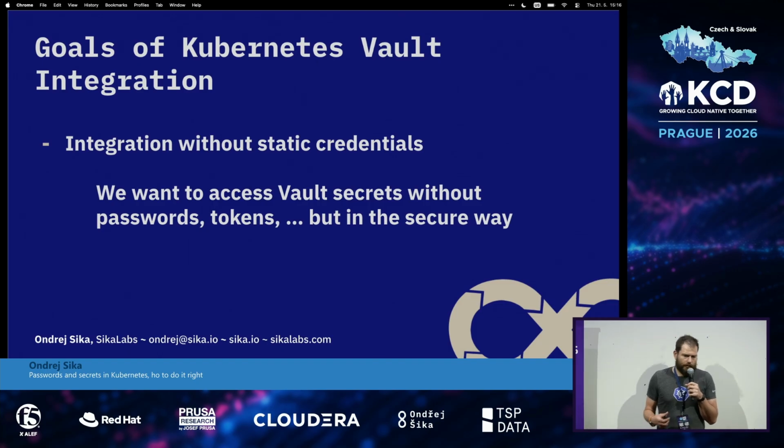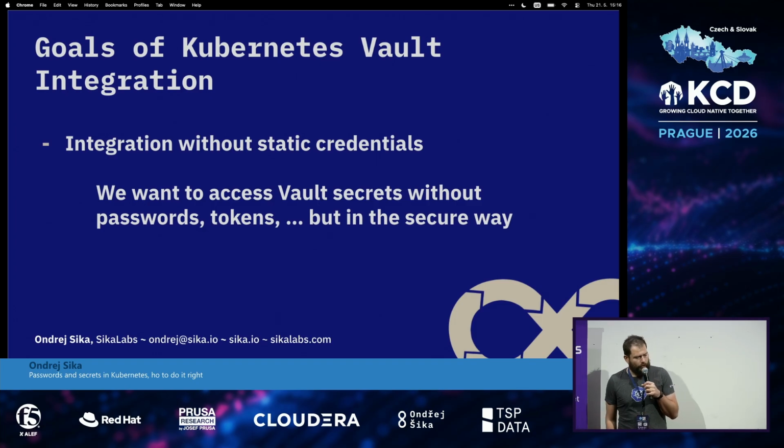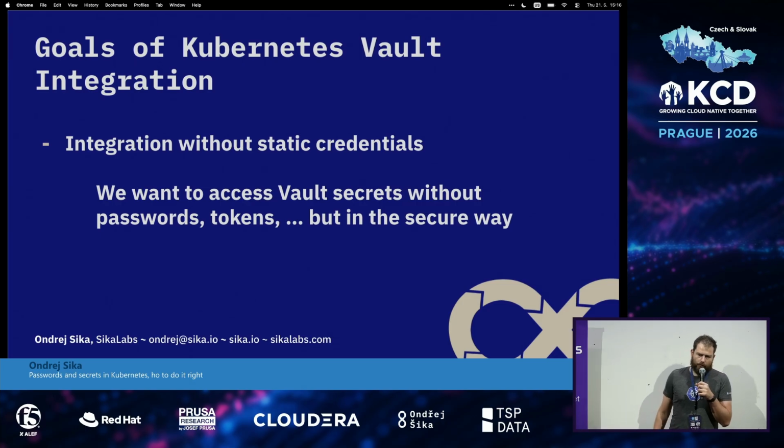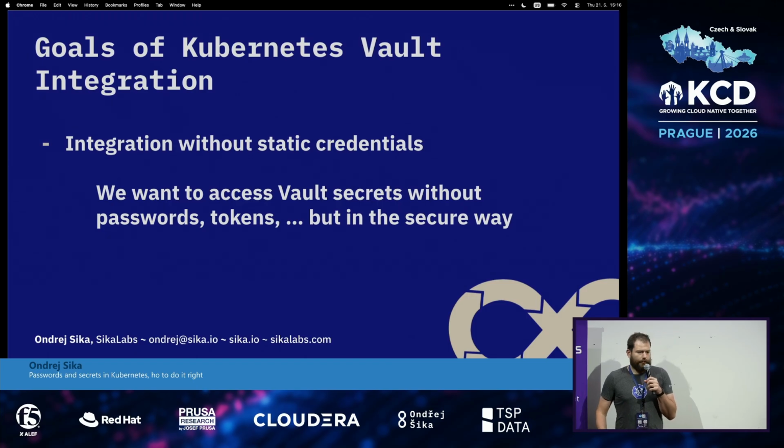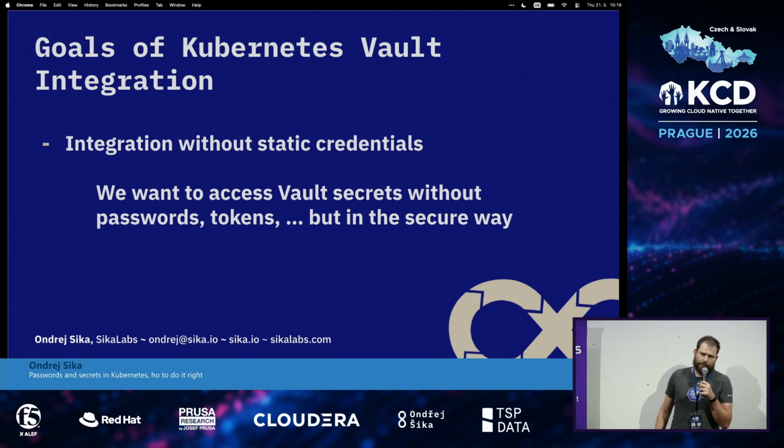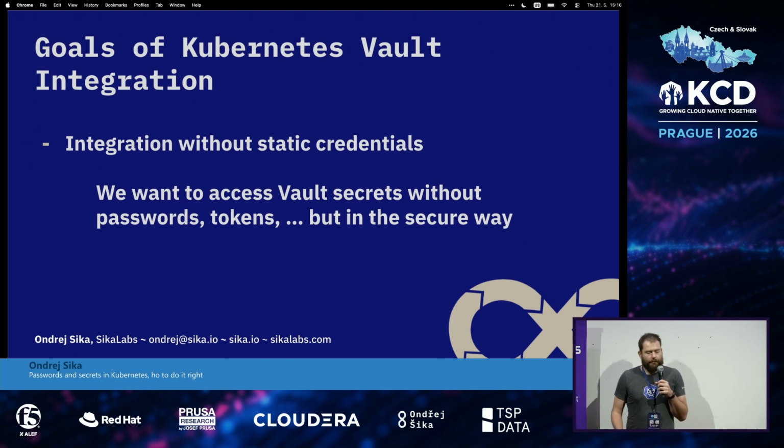So we don't even need a static credential from Kubernetes to Vault. We can integrate Kubernetes OIDC to Vault. So Vault can accept the identity from Kubernetes, and if the policy and identity match, we can obtain some secrets from Vault, which is ideal. And we can do it both ways.